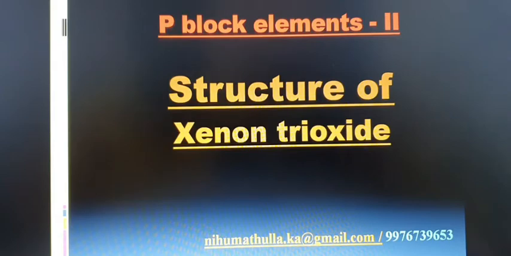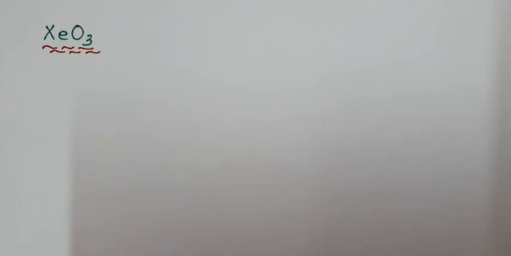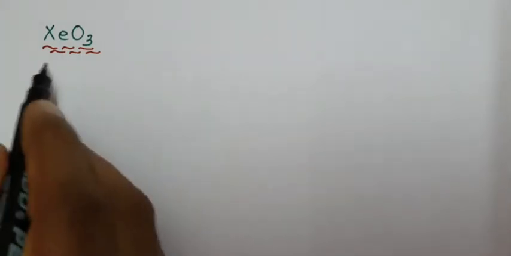All their structures: the geometry with the lone pair, and what the geometry is without the lone pair. But in this video, we are going to discuss the oxides of xenon, the structure of xenon trioxide. Xenon trioxide, molecular formula XeO3.